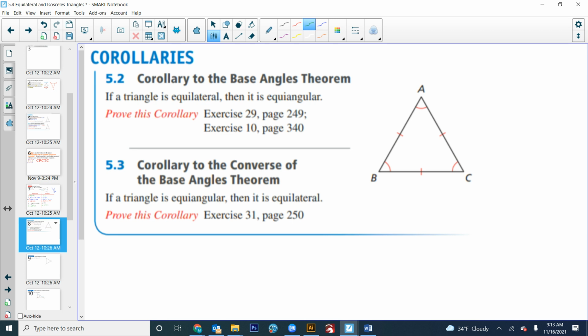All right, now you're going to see some of these on your homework tonight, so I want to show you what to look for. How many degrees are in a triangle? 180. What if they're all the same? All of them are 60. Have to be.